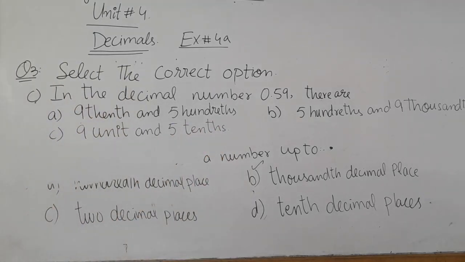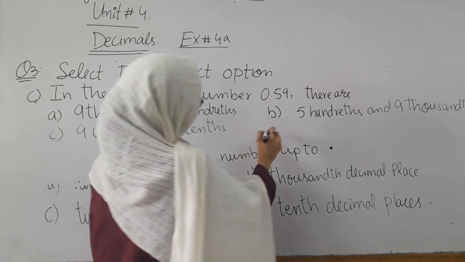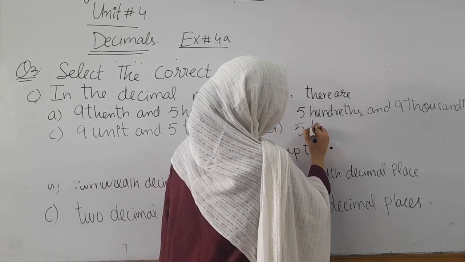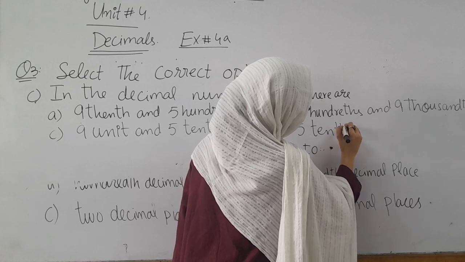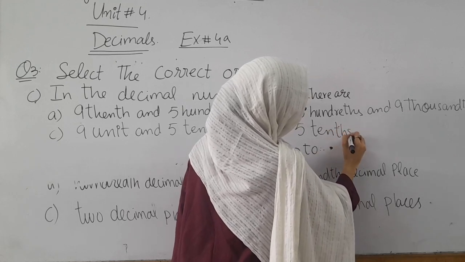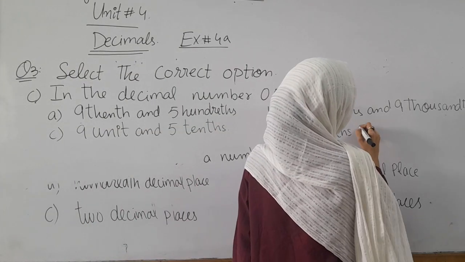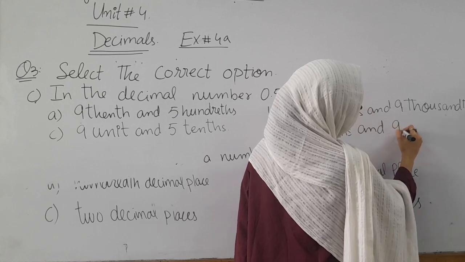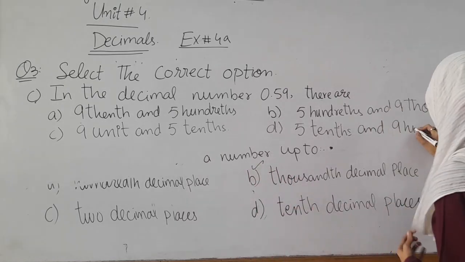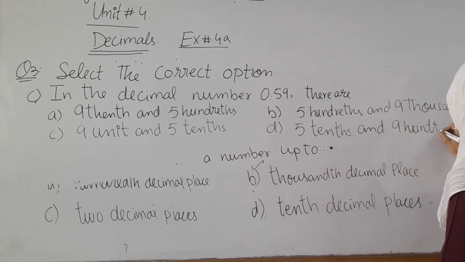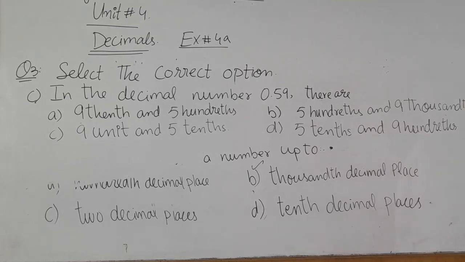And in D part we have 5 tens and 900s, 5 tens and 9 hundreds. So tell me class, which option is correct?